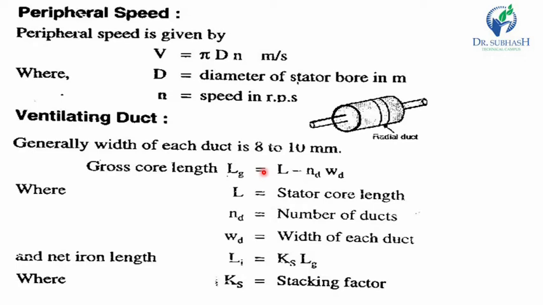Now next one is peripheral speed. Peripheral speed is given by V is equal to pi d n, meter per second. Now d is the diameter of the stator bore, V is the peripheral speed, and n is the speed in RPS. Generally, in standard construction of induction motor, we use peripheral speed up to 60 meter per second.